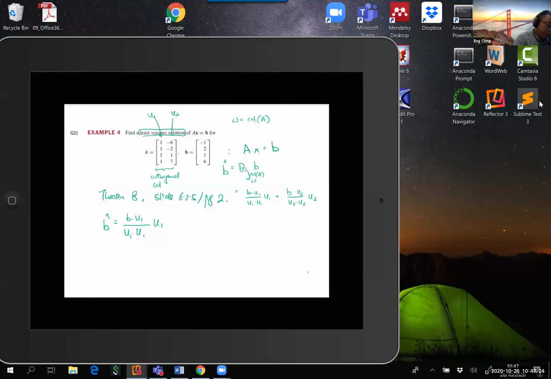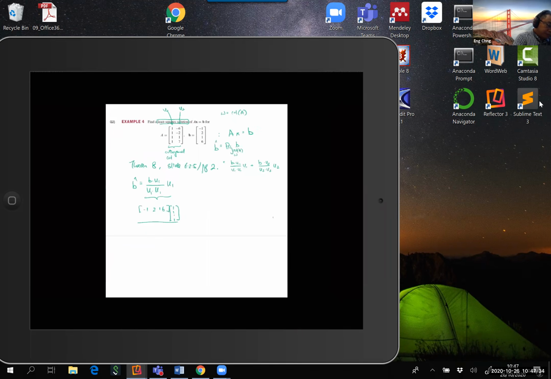So I'll write this in full first for you. B is -1, 2, 1, 6. U1 is 1, 1, 1, 1, divided by 1, 1, 1, 1 multiplied by 1, 1, 1, 1. And then plus B dot U2 over U2 dot U2, U2.